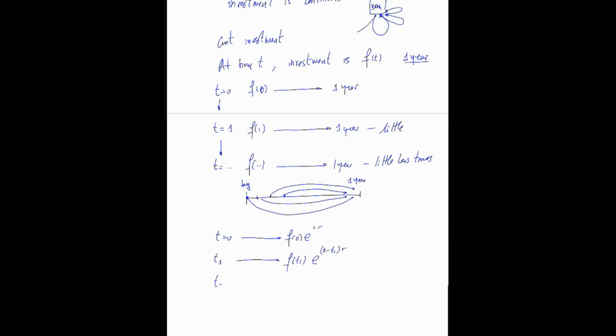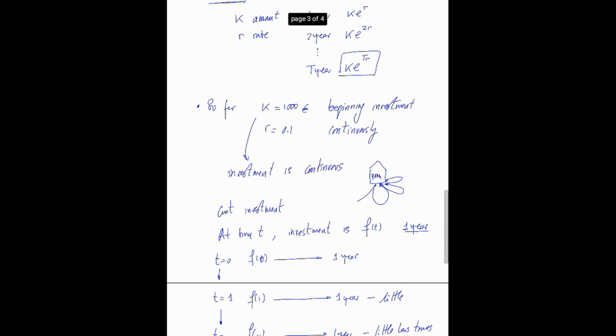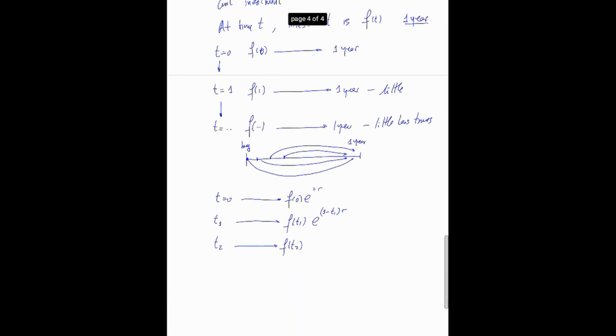When we invest again at another time, by this formula here, this invested amount is e to the 1 minus the time lapse, which is not invested, it's sort of wasted, times the rate. And we have to add all this up. If you add all these things, what you get is the integral from 0 to 1 of f of t e to the r(1 minus t) dt.